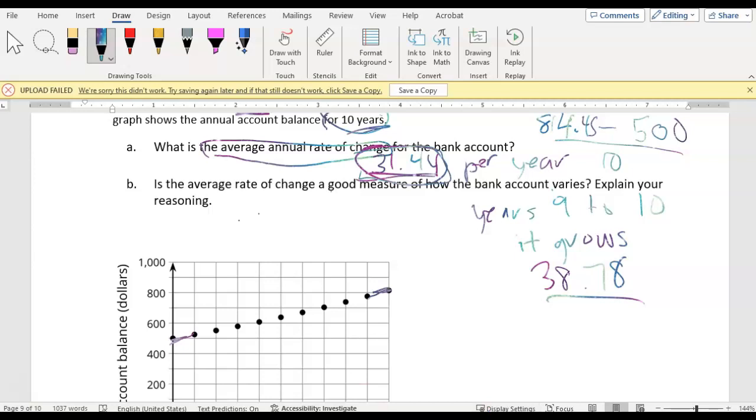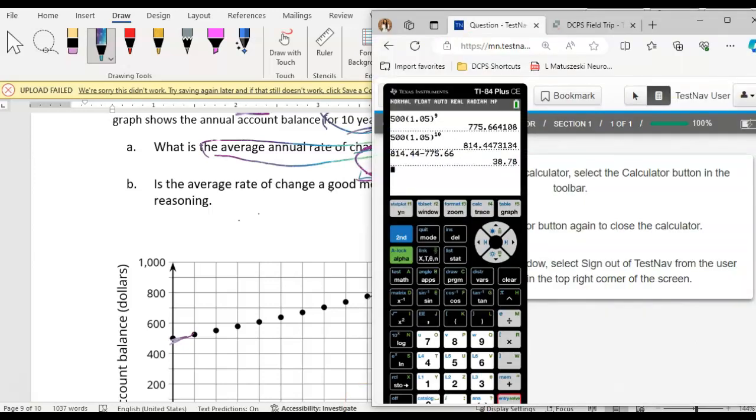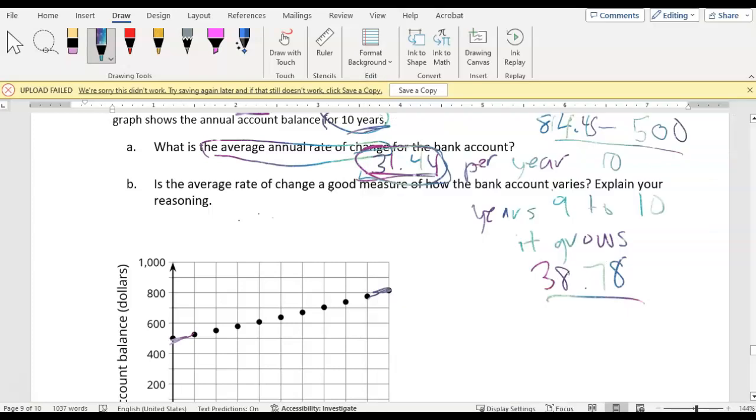And if we were to look at how fast it grows in the beginning, right, the starting amount is 500. So after 1 year would be 1.05 to the power of 1. It would be 525. So 525 minus 500 gives us 25. And so from 0 to 1 year, it grows 25, which is less than 31.44, but not super far off.